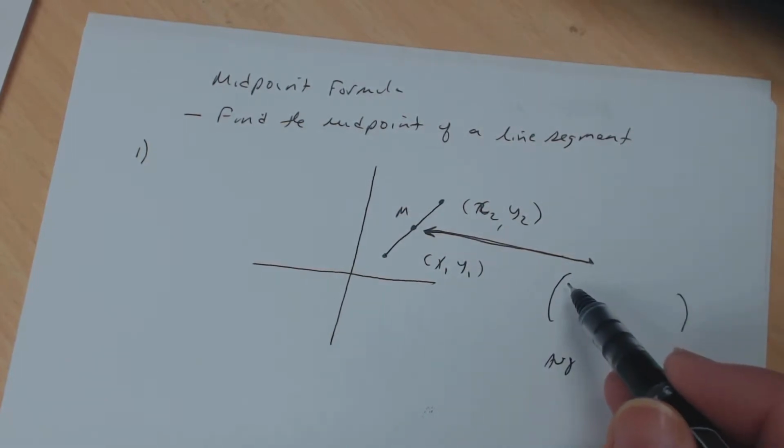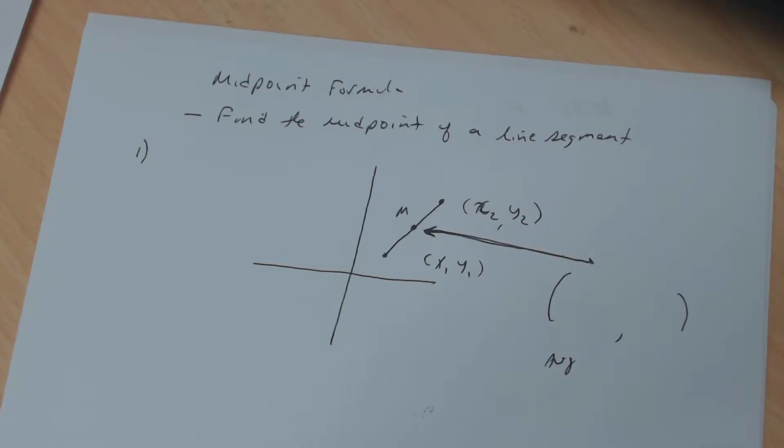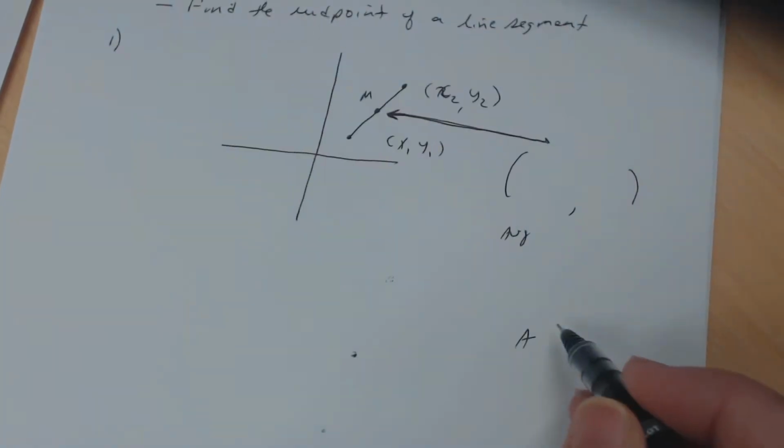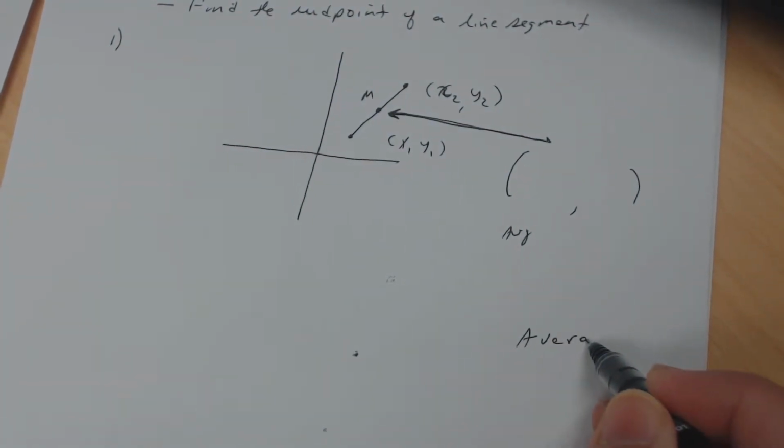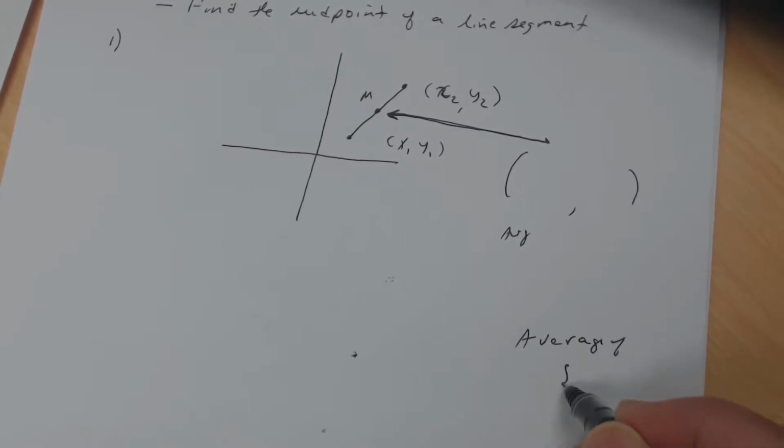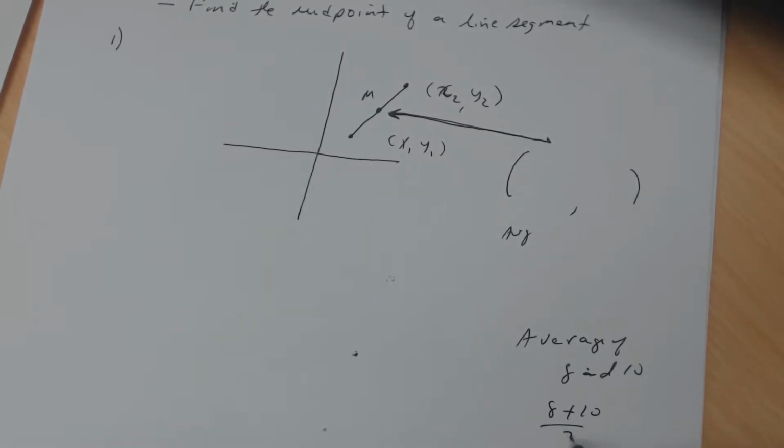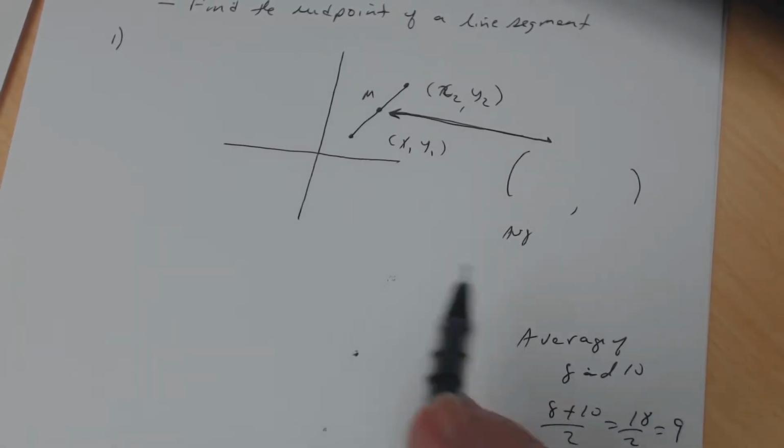So remember, if you want to find the average of 8 and 10, what you did was 8 plus 10 and then divided by 2. So you get 18 over 2, which is 9. And so do the same thing here.